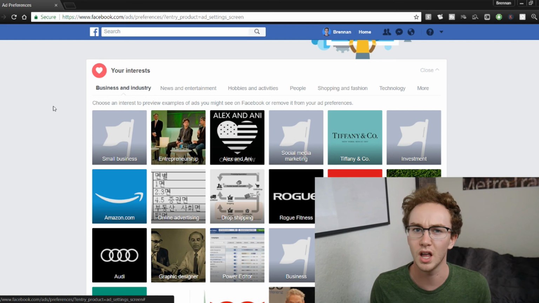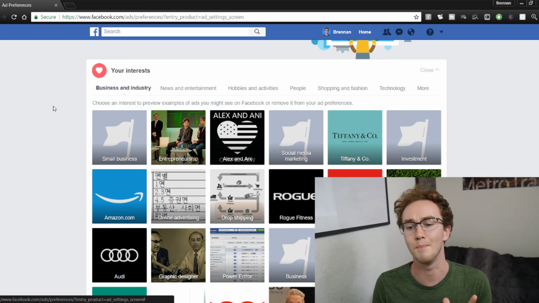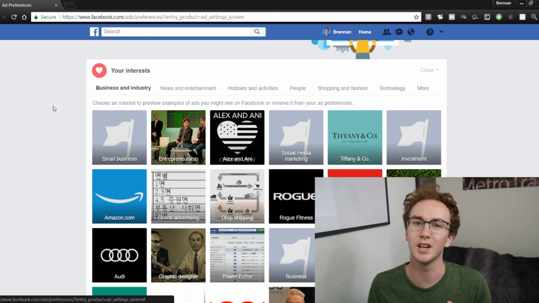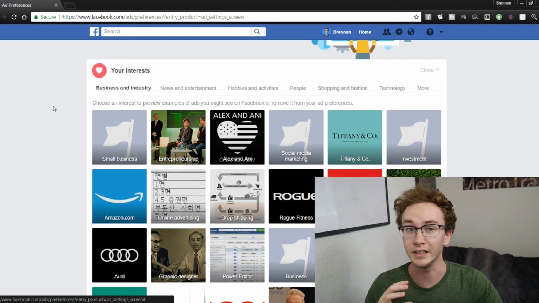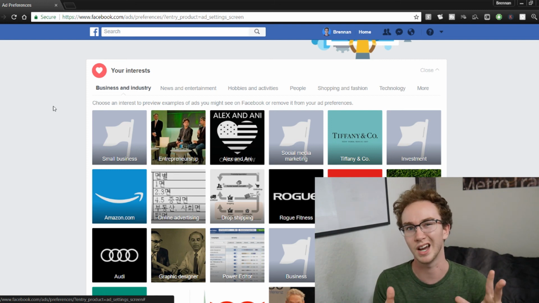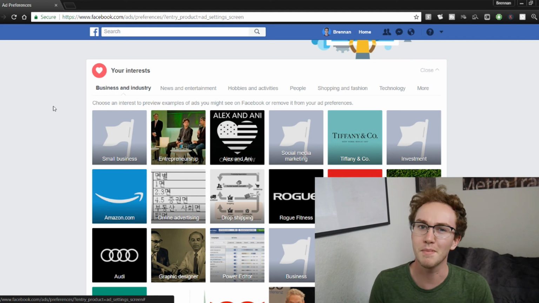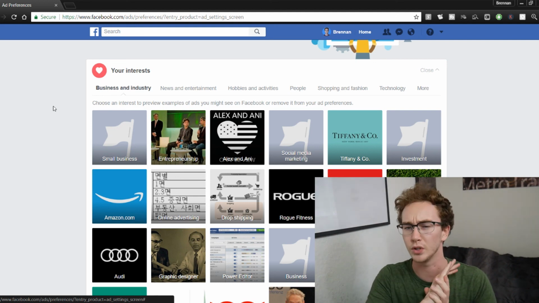It just has a lot cheaper conversion rates, a lot higher, all that kind of stuff, because you're hitting people who are most likely to actually buy from you, not just who you're guessing with. So that's something to keep in mind as well when you are running Facebook ads, looking at interest targeting and whatnot, how to target in general.